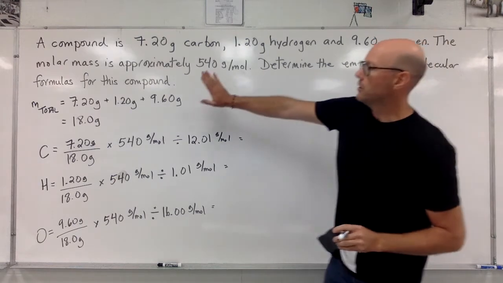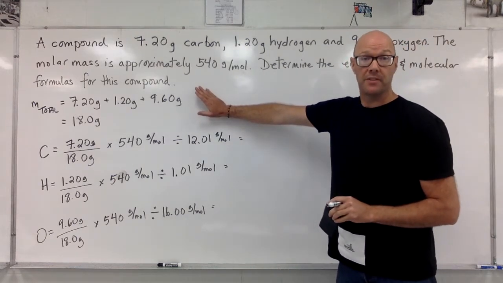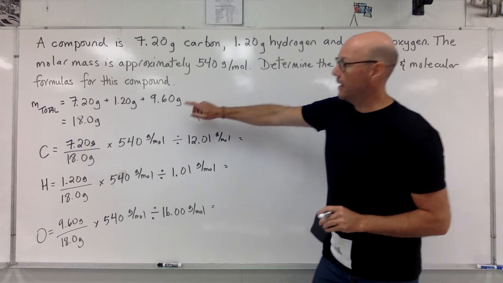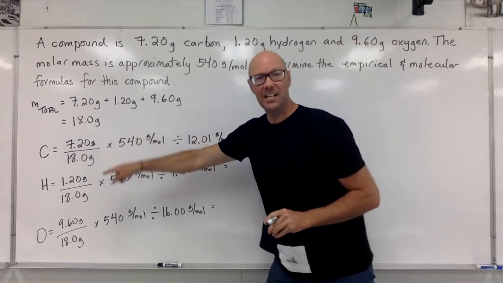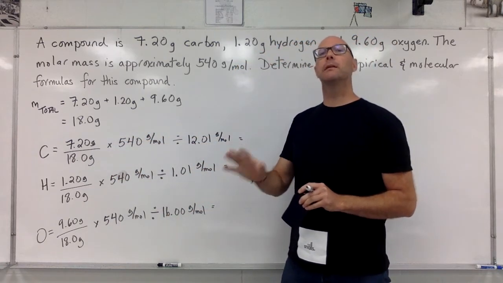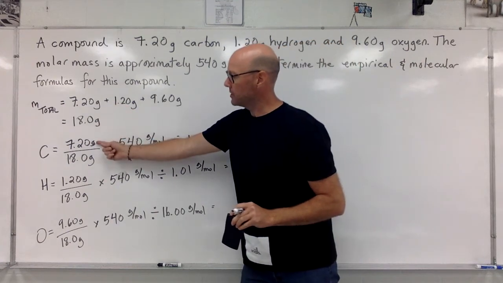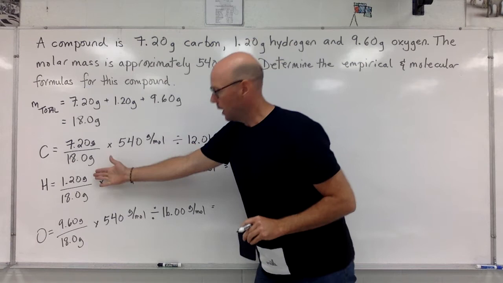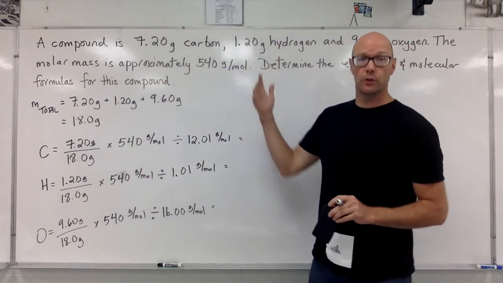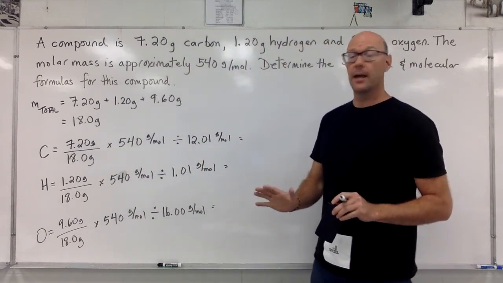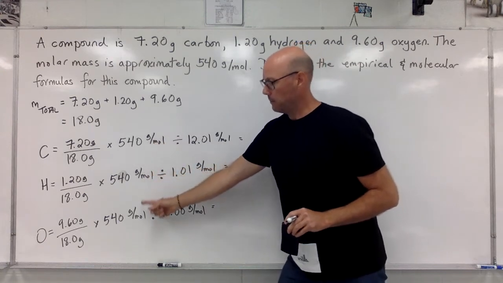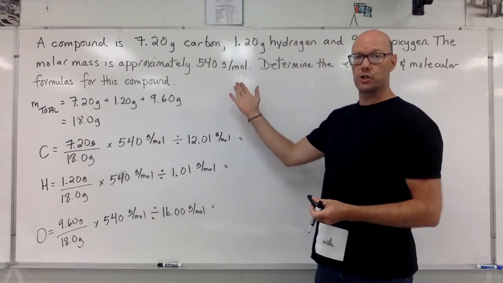So it was total up the masses, add them all together, and then turn each element into a percent, but leave it as a decimal. Don't multiply by 100. Here it was the carbon, 7.2, over the total, hydrogen 1.2 over the total, same for the oxygen. Then multiply by the molar mass, which is in the question.